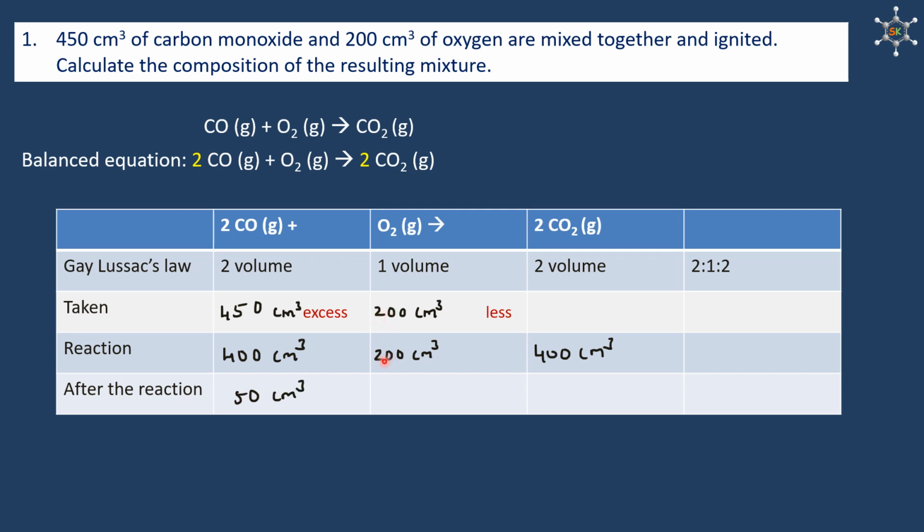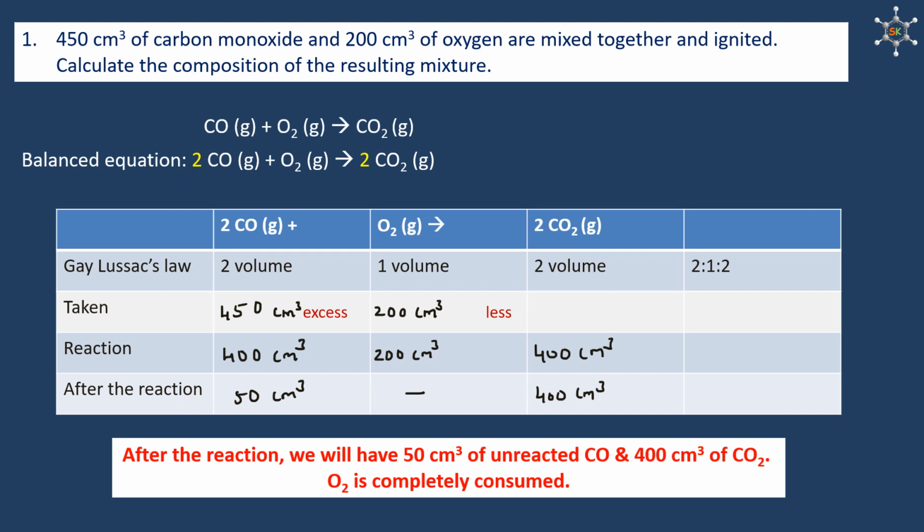Oxygen will not be left in the system. Before the reaction we had no carbon dioxide, and after the reaction we have 400 cm cube of carbon dioxide. So the composition of the mixture after the reaction is 50 cm cube of unreacted carbon monoxide and 400 cm cube of carbon dioxide formed.